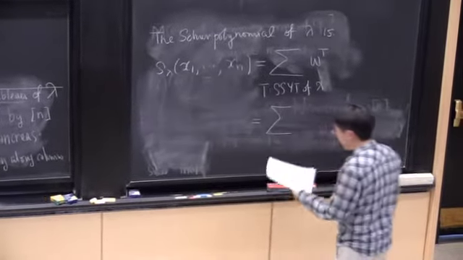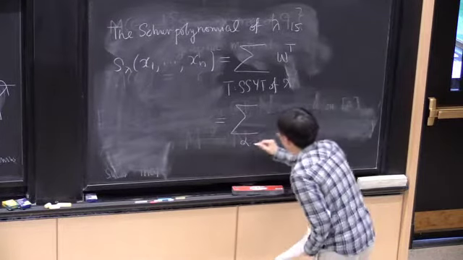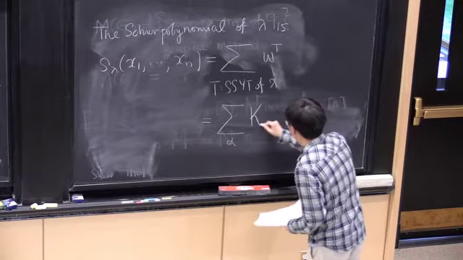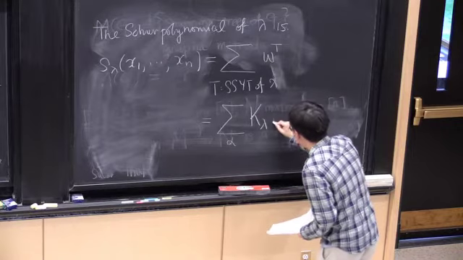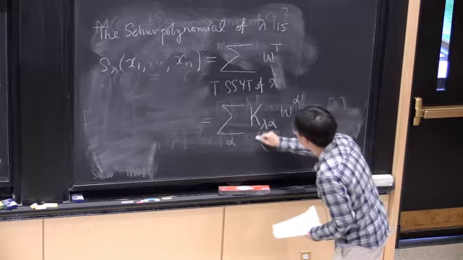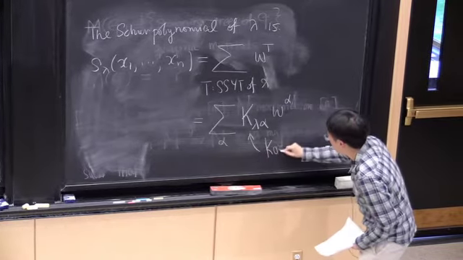If you rewrite this in more standard form, summing over alpha, as we always do, then you get certain coefficients, and these are what are called Kostka numbers.